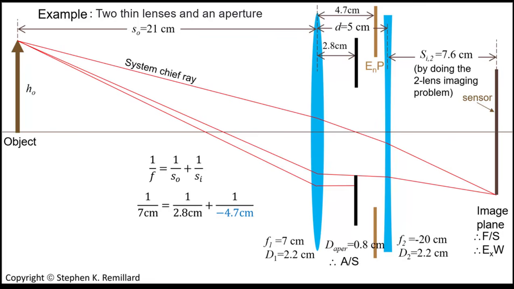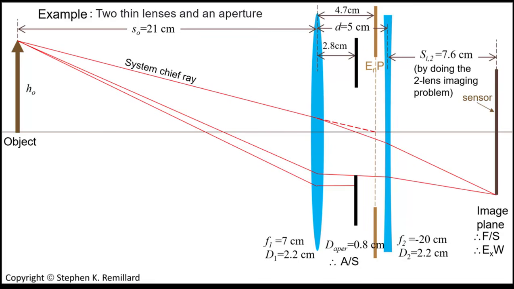Now, since the entrance pupil is an image of the aperture stop, you might expect that the chief ray is doing the same thing in both, passing through the center of both. But of course not, because the entrance pupil is a virtual image. It's the virtual part of the chief ray that passes through the center of the entrance pupil.